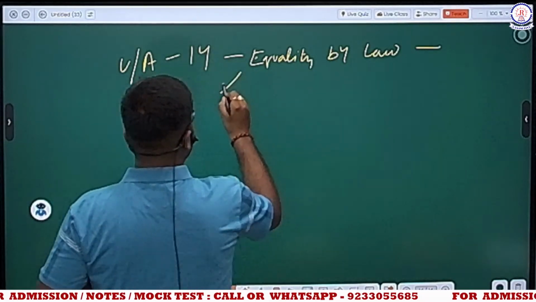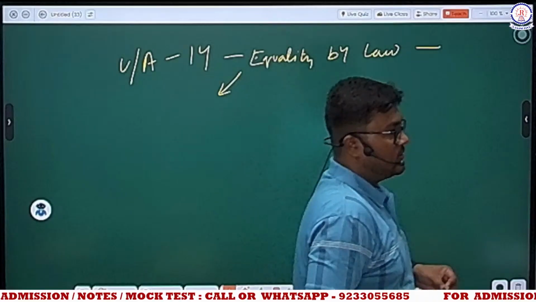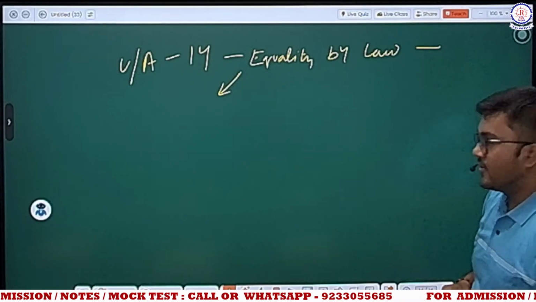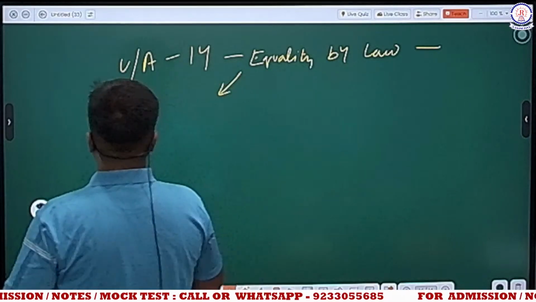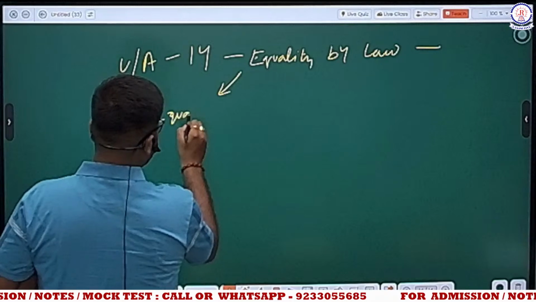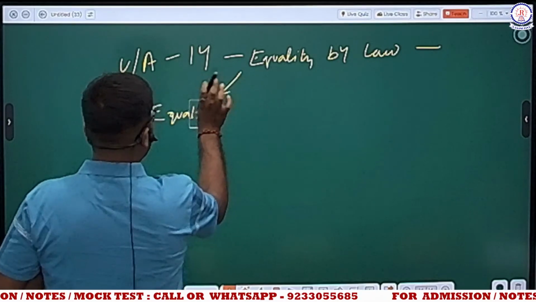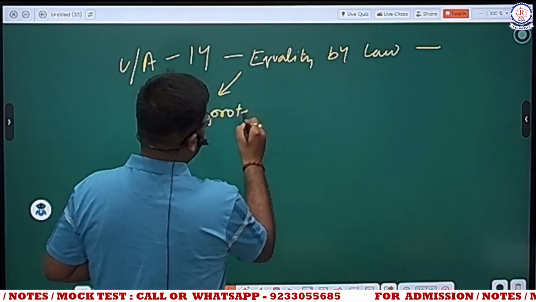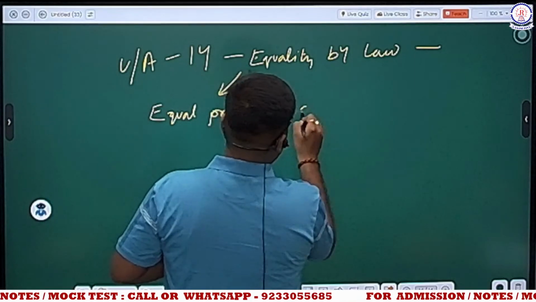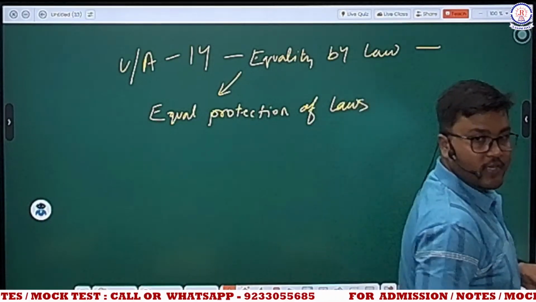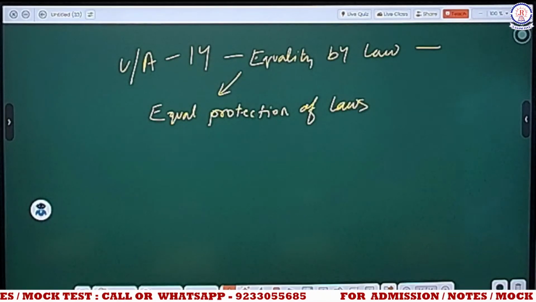And here it is also implied from different Supreme Court judgments that we also look towards the concept of equal protection of laws: equality before law and equal protection of laws.